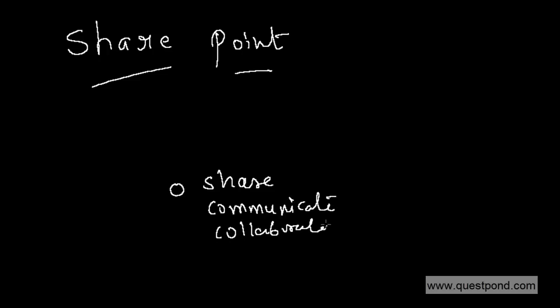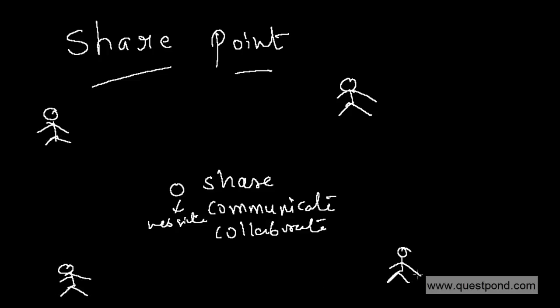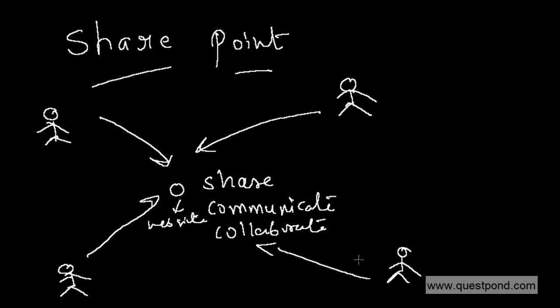Now, when I say central point, at the end of the day, this is a website, a central website, which can be an intranet portal or an internet portal. So, defining what SharePoint is: SharePoint at the end of the day is a platform which can be used by people in your organization to connect, collaborate, and share data in a seamless manner.